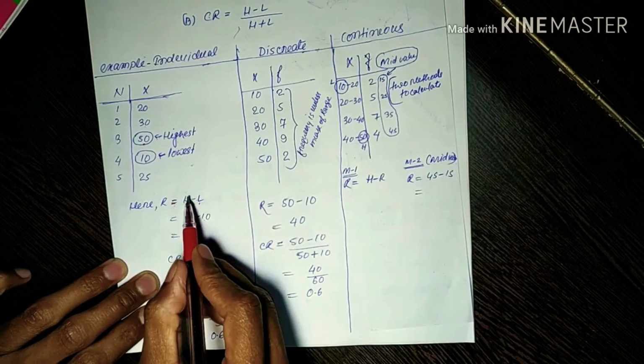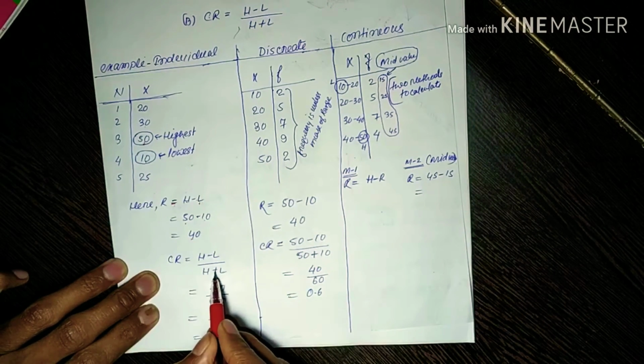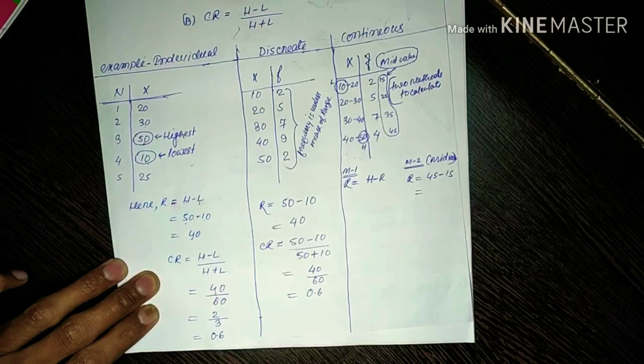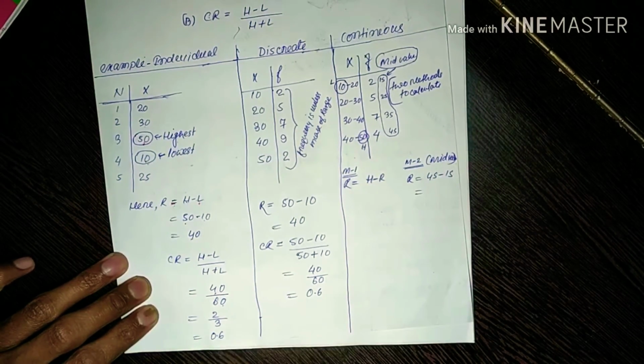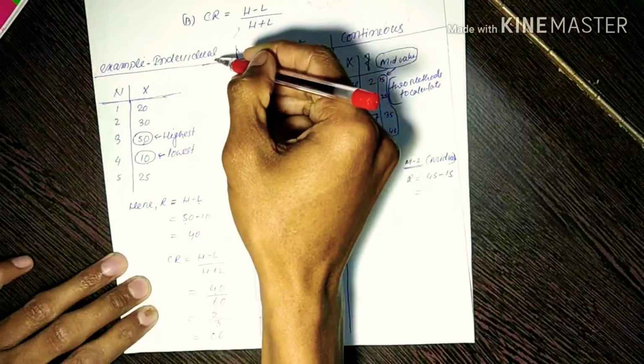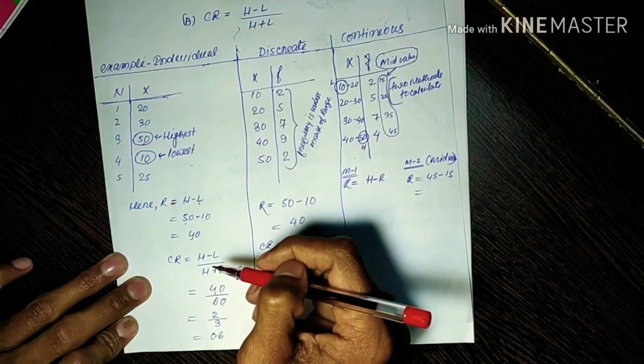Then H plus L, that is 50 plus 10, is 60. If we divide it, it will be 2 by 3, and the answer is 0.6. So in individual series the calculation will be like this, right?